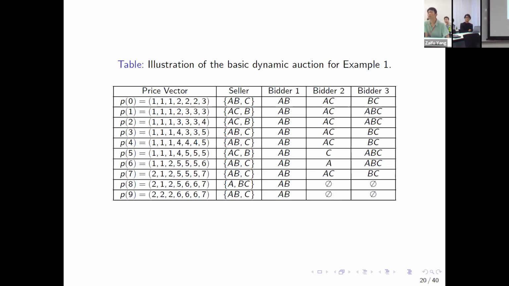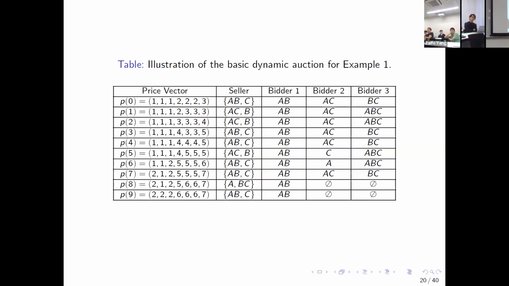Both AC and BC are not in this supply set, so we increase the price of AC and BC. So this is AC, right? And this is BC.